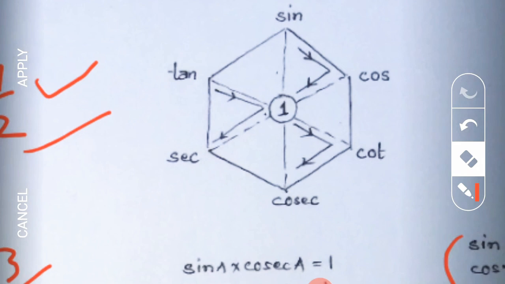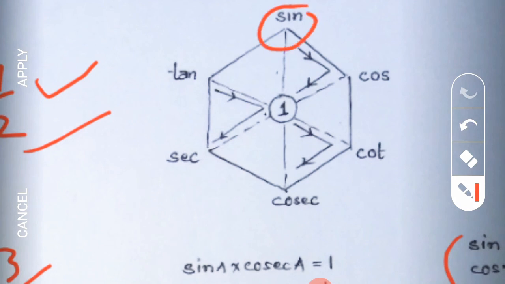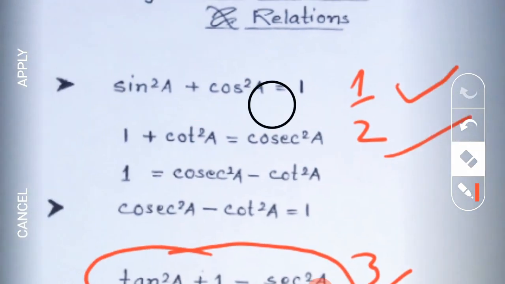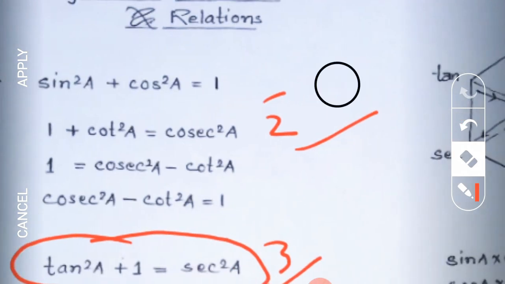So our first identity: sine square a plus cos square a equal to 1. This is our first identity. Now the second identity. This is the first identity, here it is, the first one.